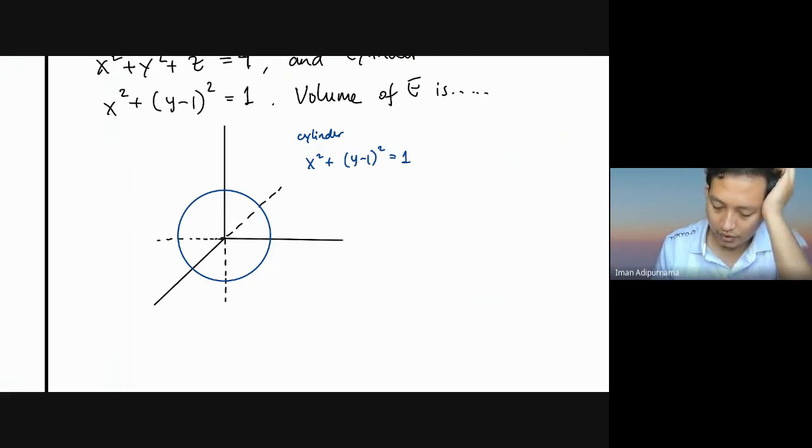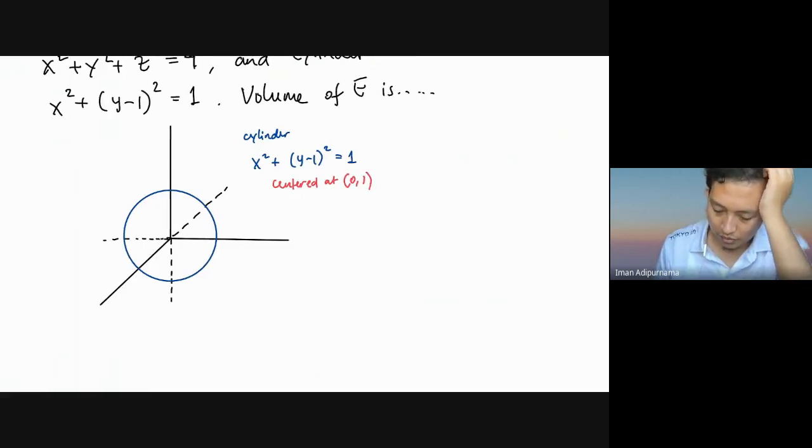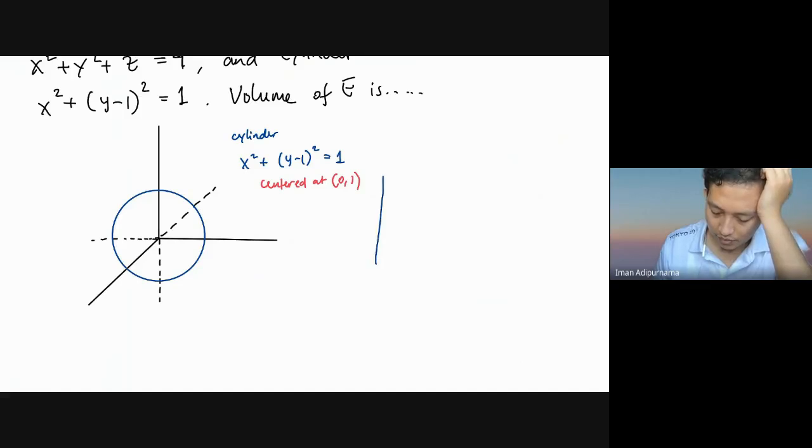And if you look here, it has the center at 0 and 1, right? So if this is the xy plane, the circle will be here. So this is the center.